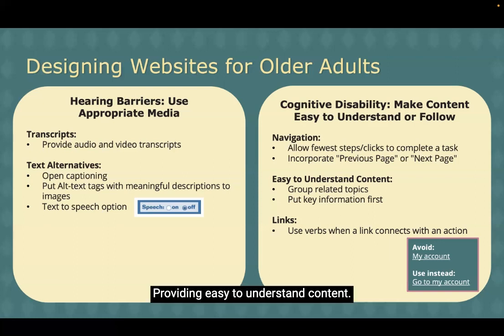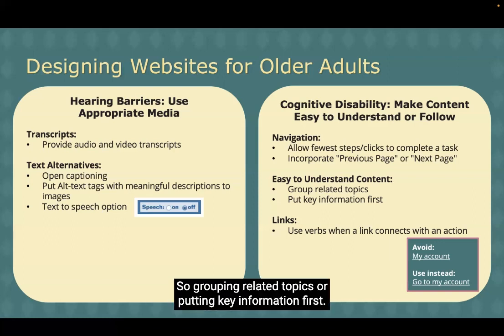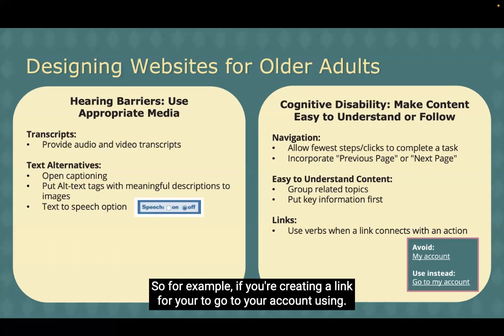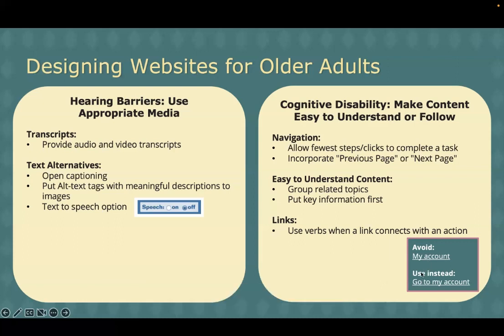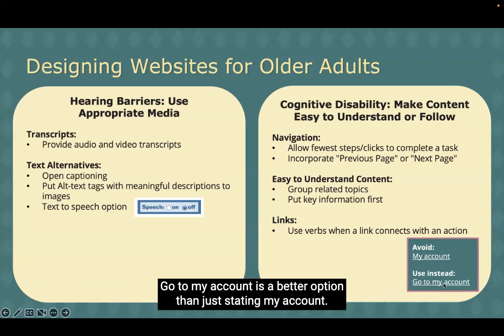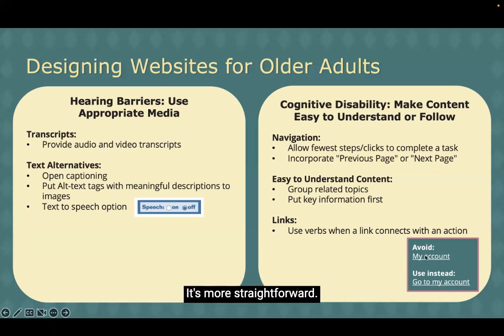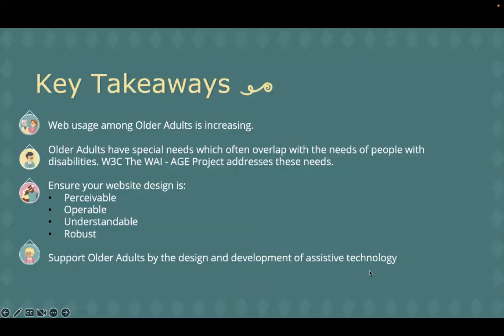Providing easy to understand content, so grouping related topics or putting key information first. Lastly, using verbs when a link connects with an action. So for example, if you're creating a link to go to your account, using go to my account is a better option than just stating my account. It's more straightforward.